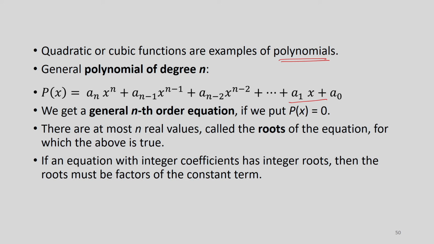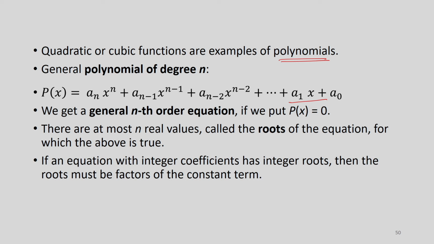You can see that the subscript of a always matches the power of x. In fact, the last term you can say is a_0 multiplied by x to the power 0, and we know x to the power 0 is equal to 1.